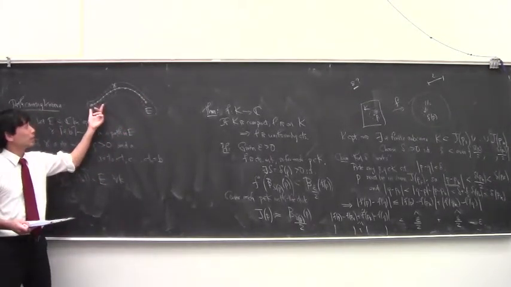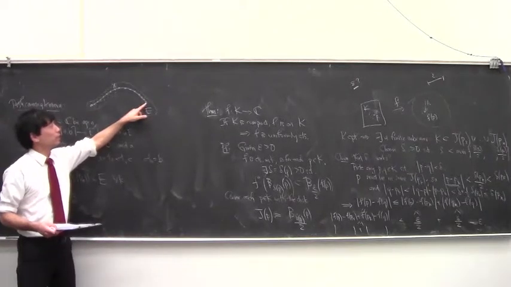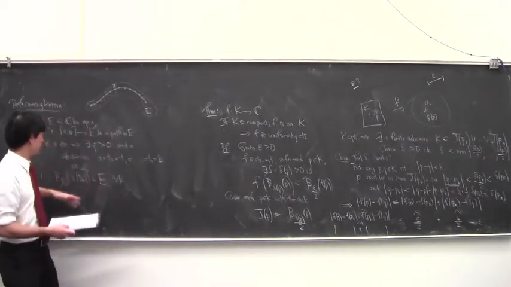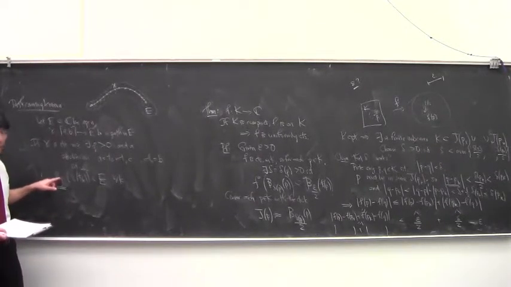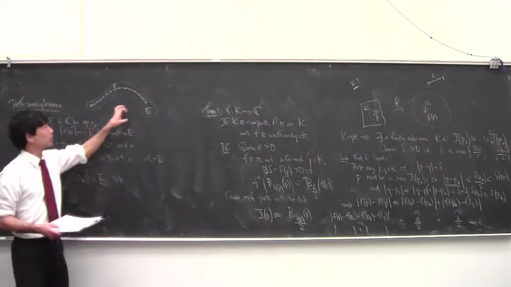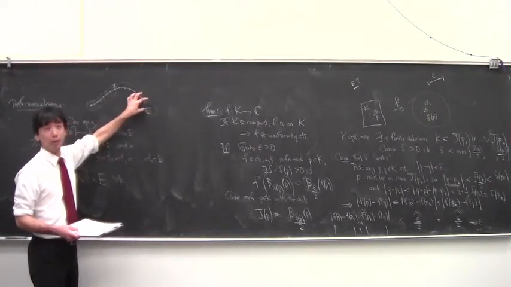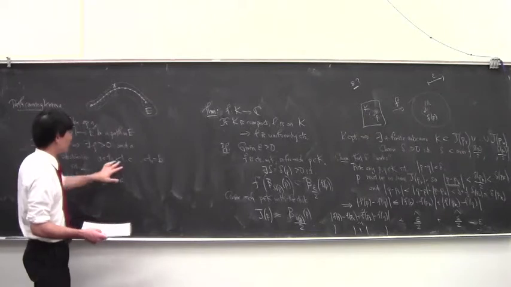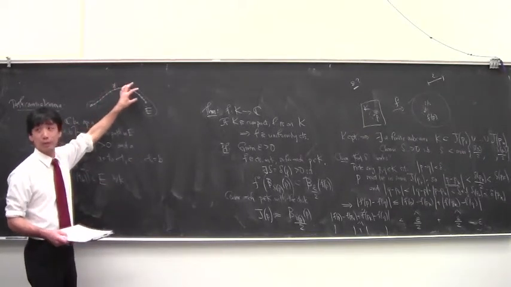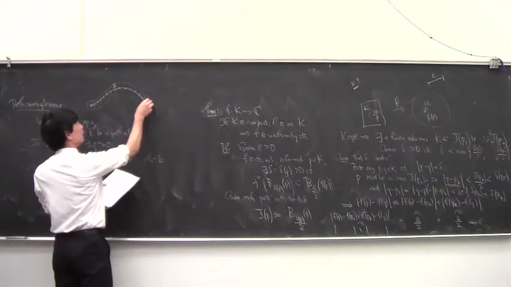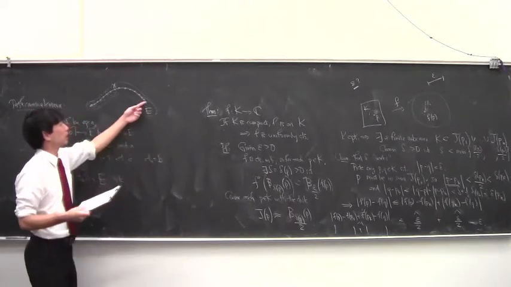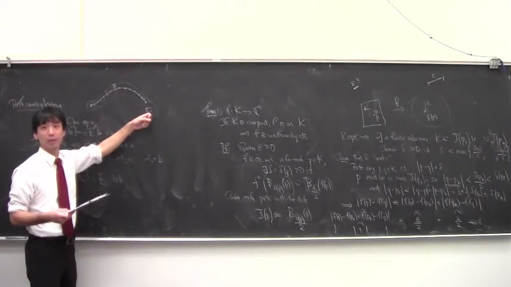Okay, so what's going to happen is that all these things are balls of the same radius rho. There's going to be some fixed radius rho, so that if we take balls of radius rho around each of these points, you're always going to contain the next point and the preceding point, if there is one.